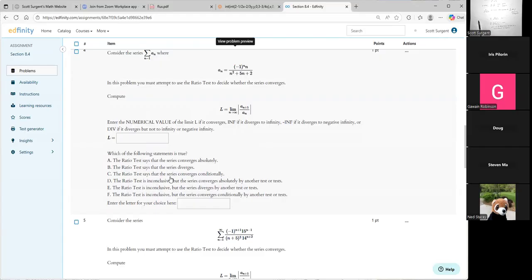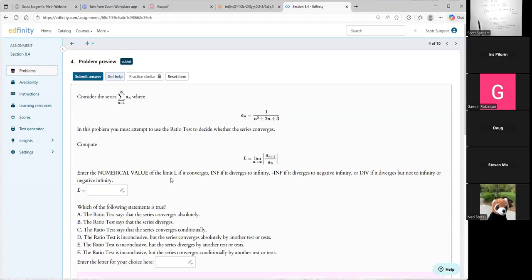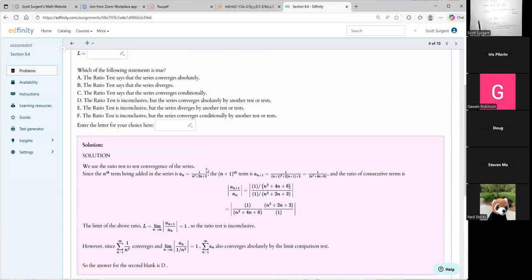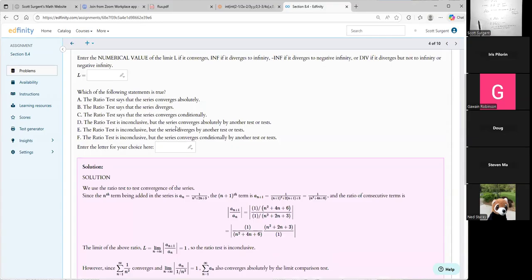That's kind of weird. Actually, the ratio test says it diverges. It doesn't tell you anything about conditional convergence. I'm going to see what the solution says. Oh, I see. The ratio test is inconclusive, but the series converges.